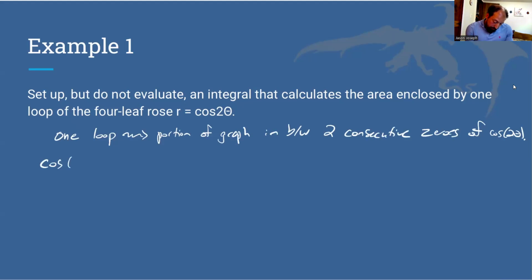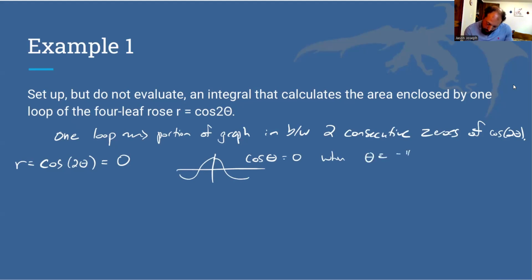So we'll look at the graph in a minute, but even without that, let's try to guess a correct range of angles to use. So I'm setting my r equal to 0, and this is cosine of 2 theta, so let's just sketch cosine of theta because we remember how to do that. Two consecutive zeros would be when theta is negative pi over 2 or pi over 2.